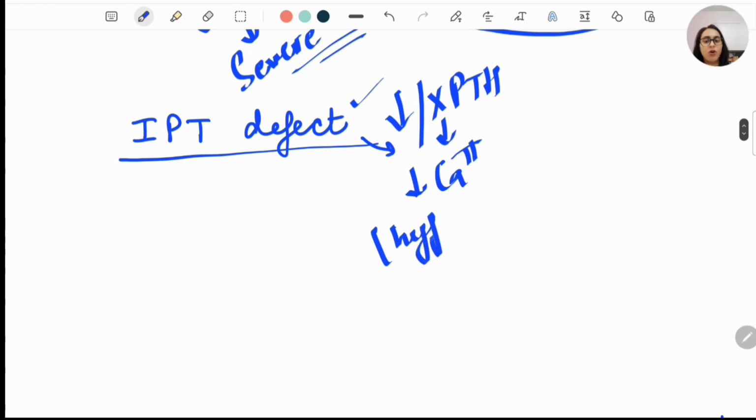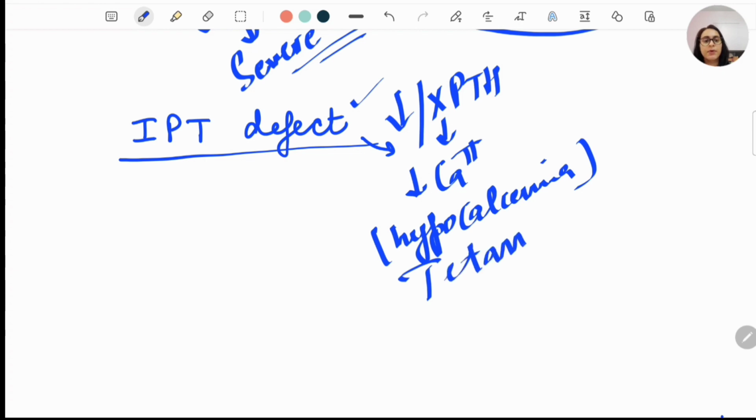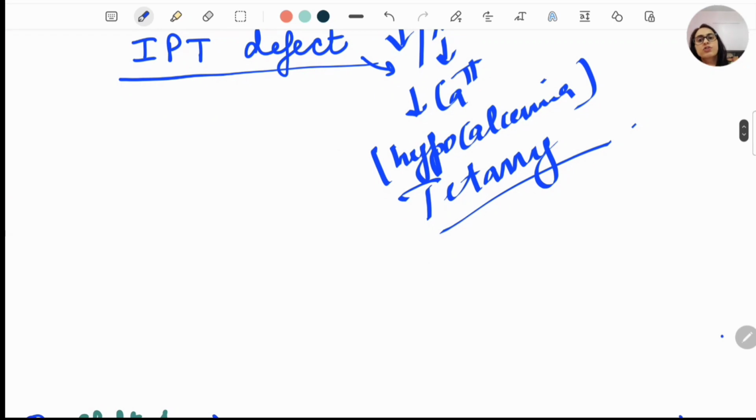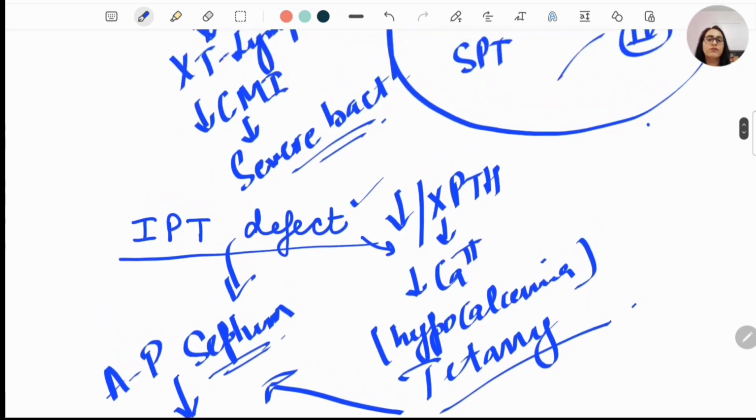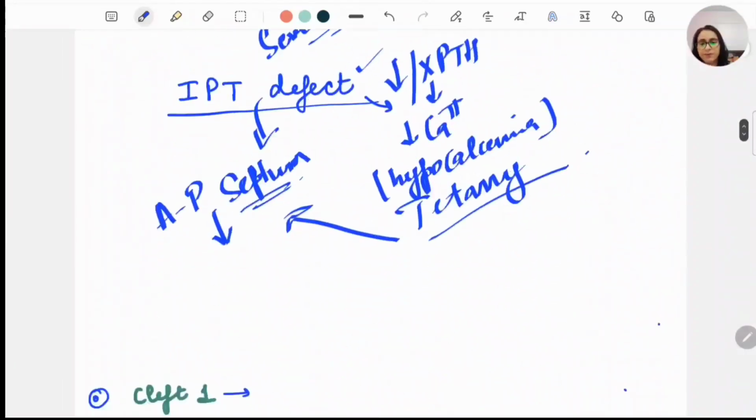This condition we call hypocalcemia, which is seen in tetany, so the child can have tetany. There are also associated cardiac abnormalities, and there can be anterior-posterior septum abnormalities, which can be the reason for death of a child with DiGeorge syndrome.